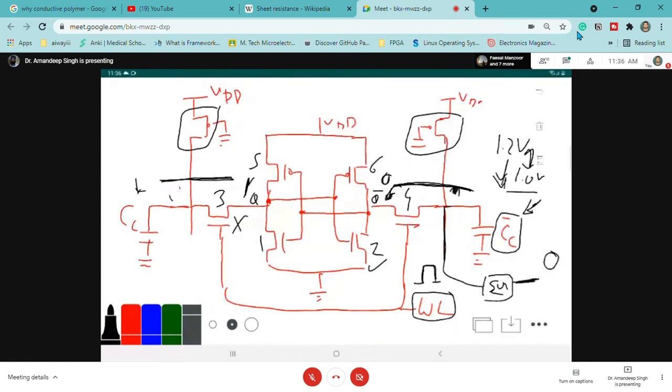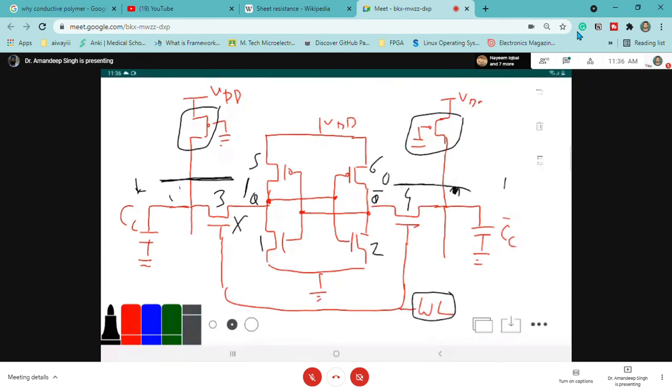In write circuitry, we simply give the 1 and 0, and it simply gets written on that node. Now let's see how read and write operations are performed and how we are going to scale the W by L ratio of different MOSFETs.